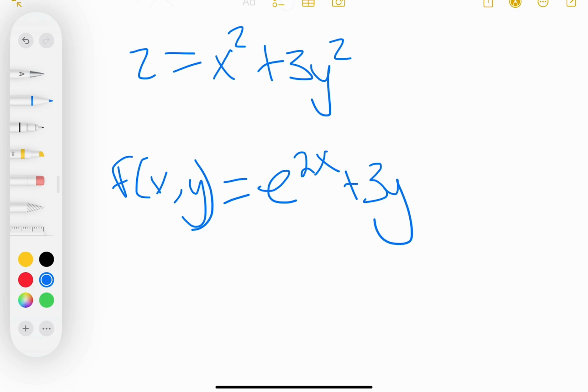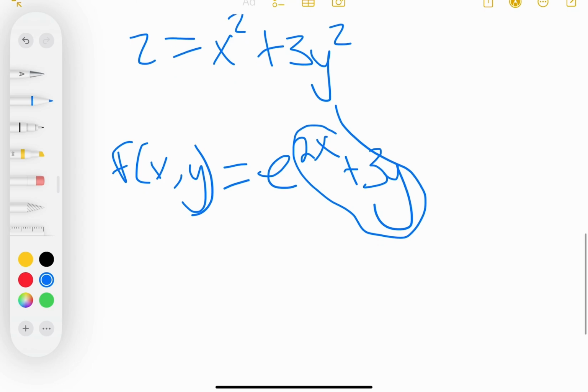Number one, take the partial with respect to x. When we take the partial derivative with respect to x, we treat y as a constant. So we leave the 3y part alone and only focus on the x. This is a bit confusing because we're working with e and the whole thing is an exponent.